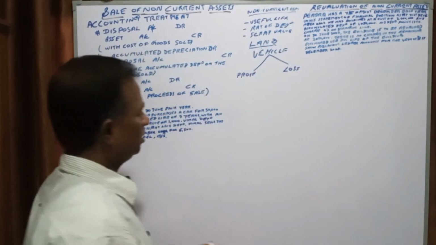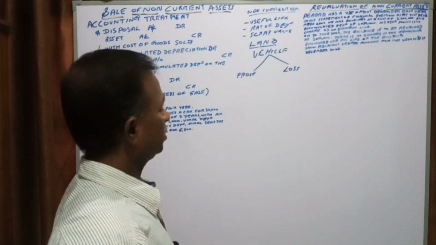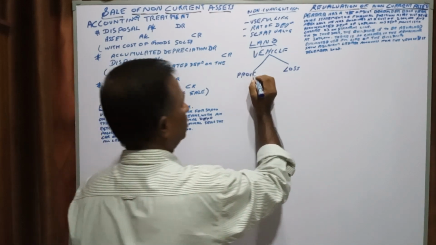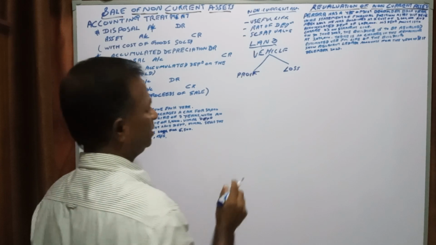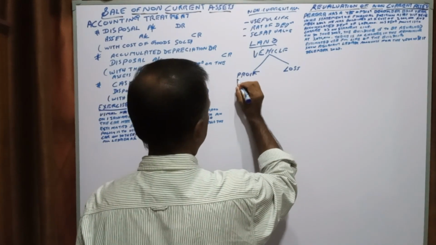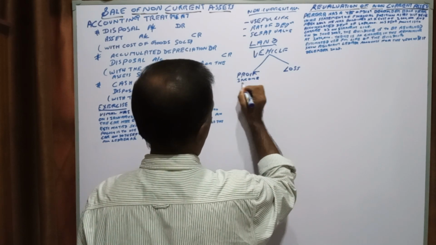In the course of sale of non-current assets, we don't define the income as profit, but as income or loss.